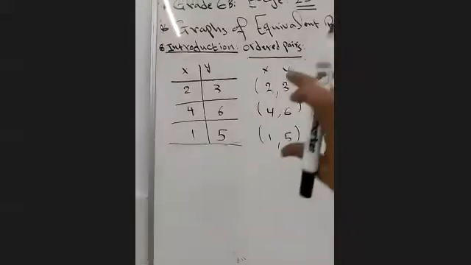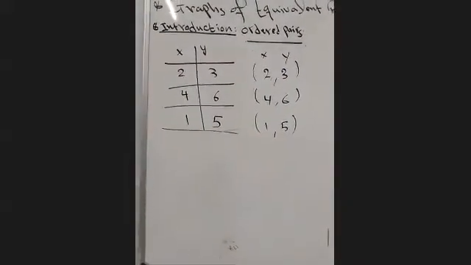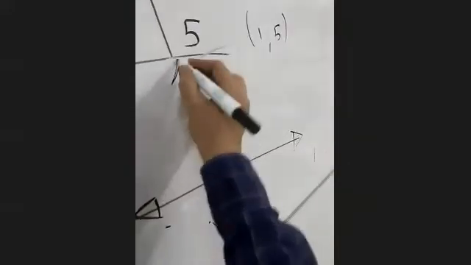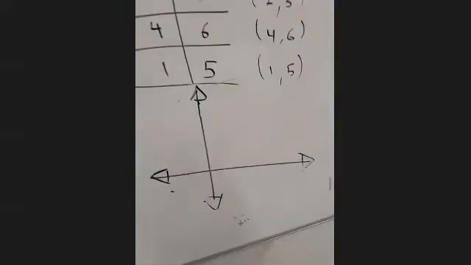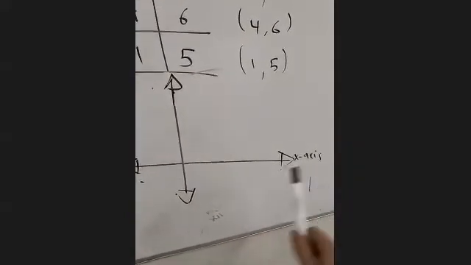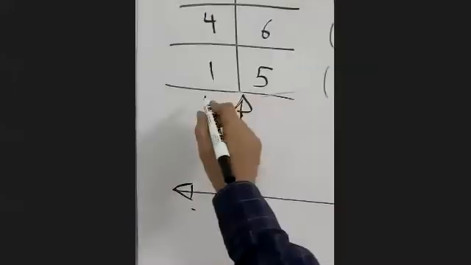Now, after we make these ordered pairs, guys, we make something we call a coordinate plane. Coordinate plane like this one. This is the x-axis. The horizontal one, we call it the x-axis. The vertical one, we call it the y-axis.